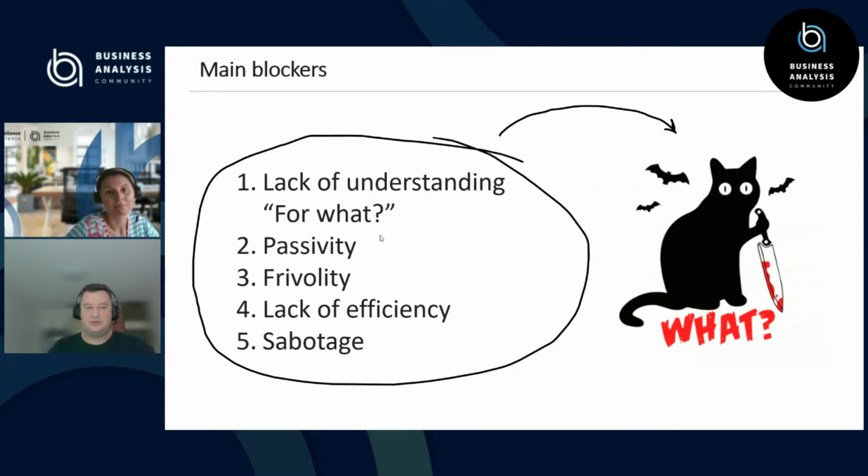You need to identify them, but this is a separate topic for the next discussion, if you want. We can dive deep into each of these points. But generally, you need to be aware of the main blockers as well.